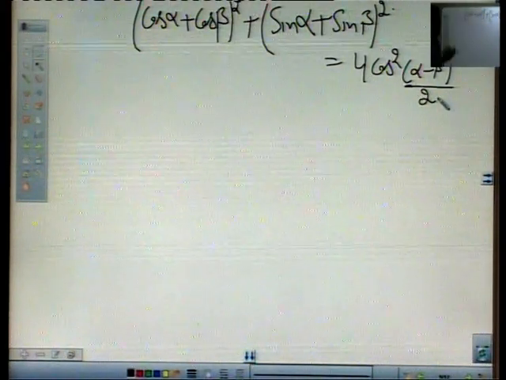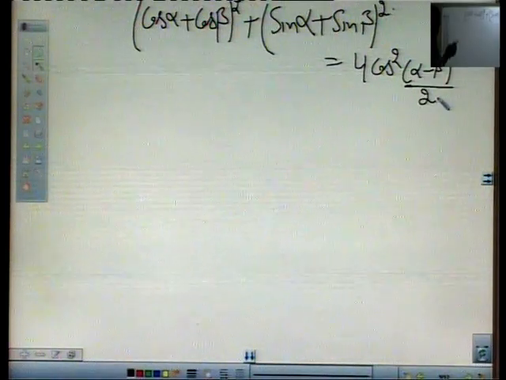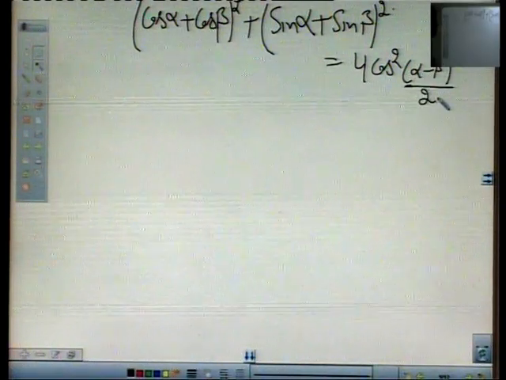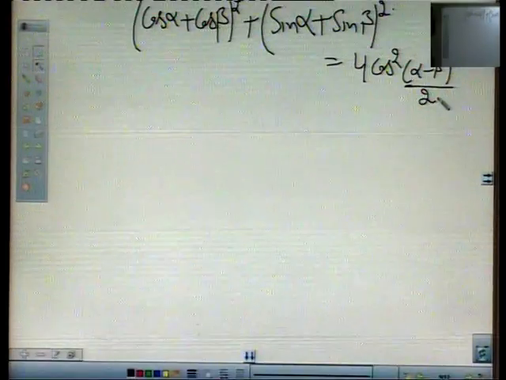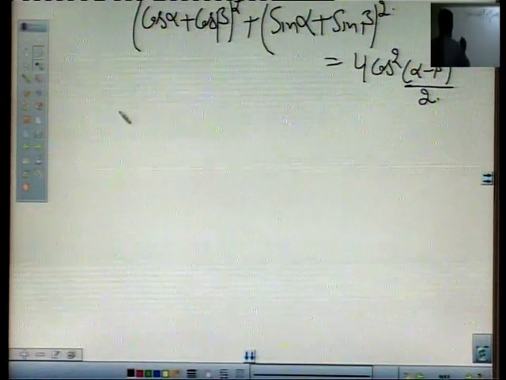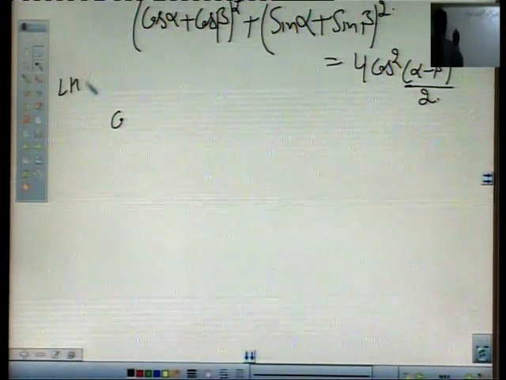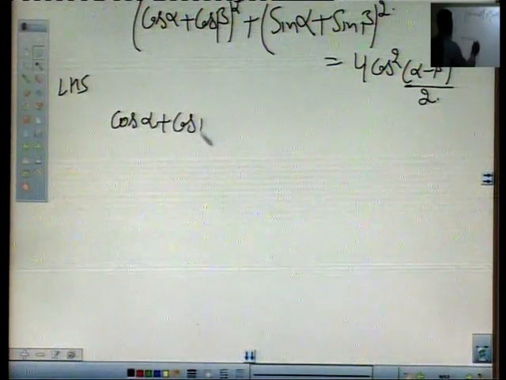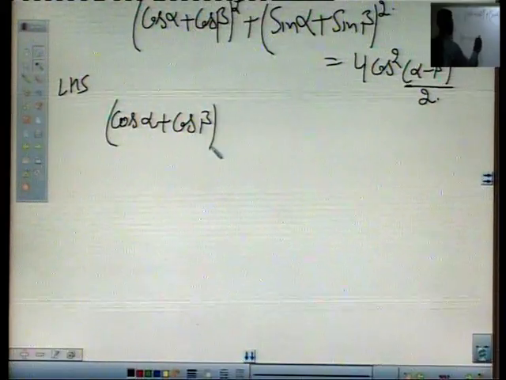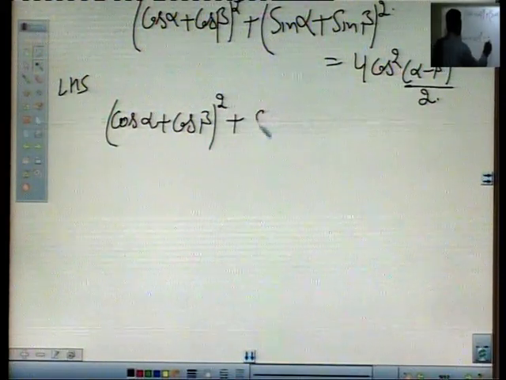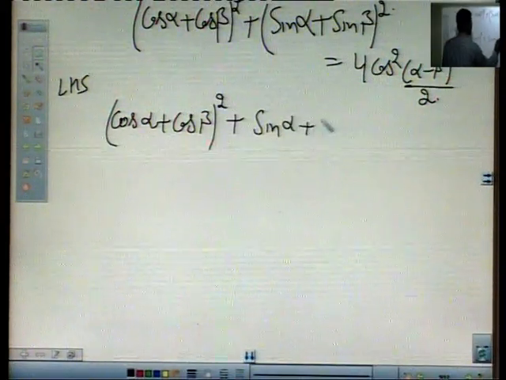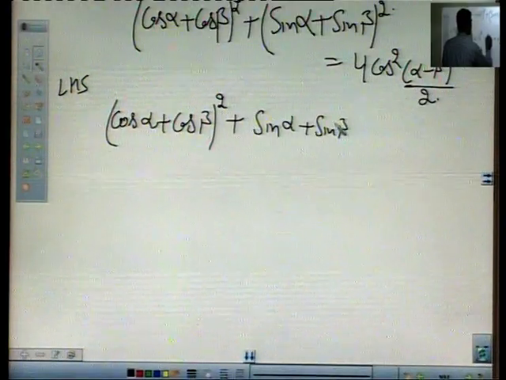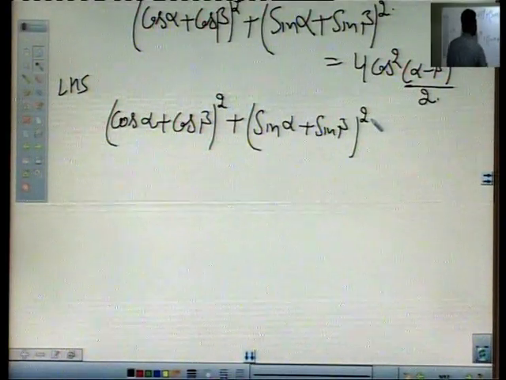Now, first take the left hand side, cos of alpha plus cos of beta whole square plus sine of alpha plus sine of beta whole square.